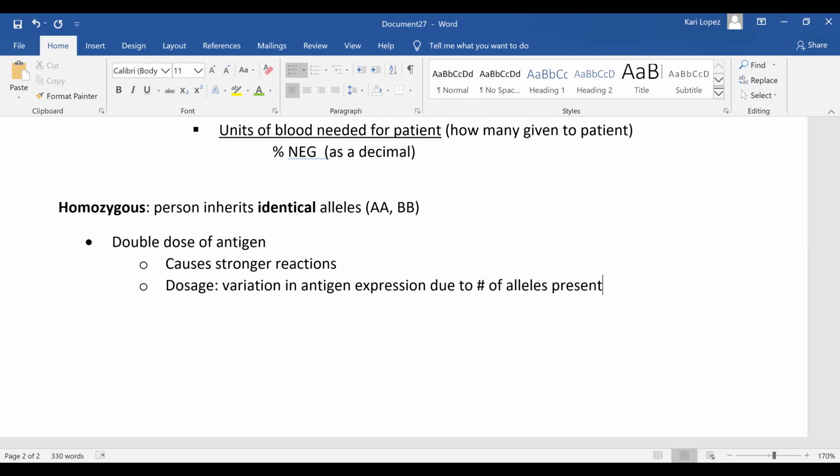And so what that means is, let me think about one that definitely shows dosage. I think your MNS are one.